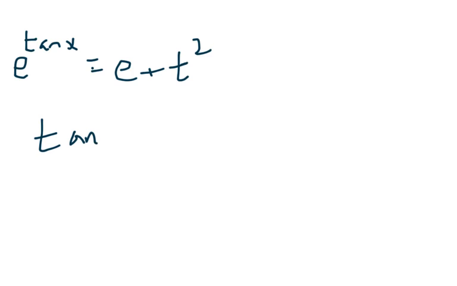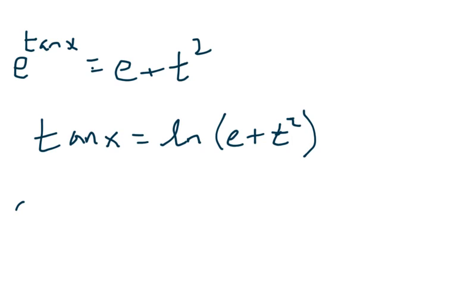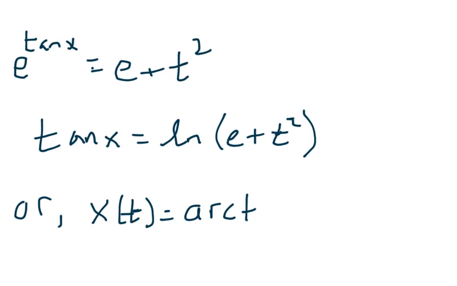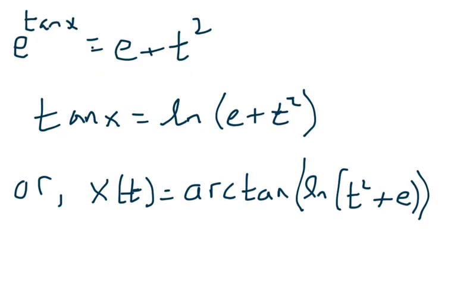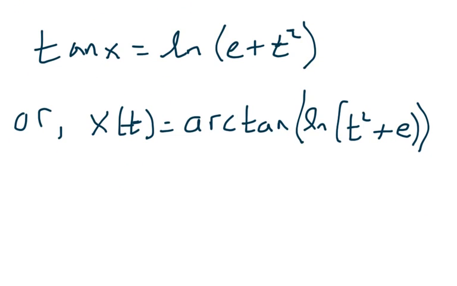We have that tangent x is equal to ln of e plus t squared, or x of t is equal to, well, that's just arctan of ln of t squared plus e. And this is going to be our solution.